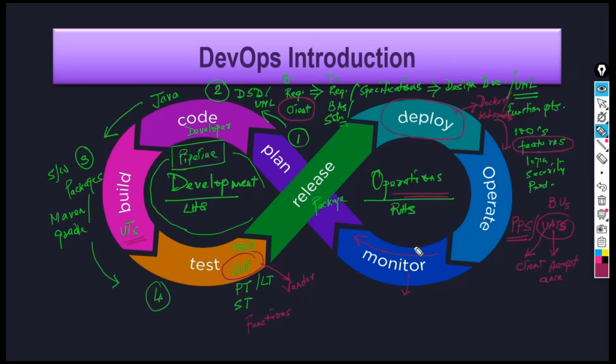The feedback and monitoring is also a very important phase, and there are tools. It will go back to the planning team or the project team, and the developers will work on the report generated from this testing.